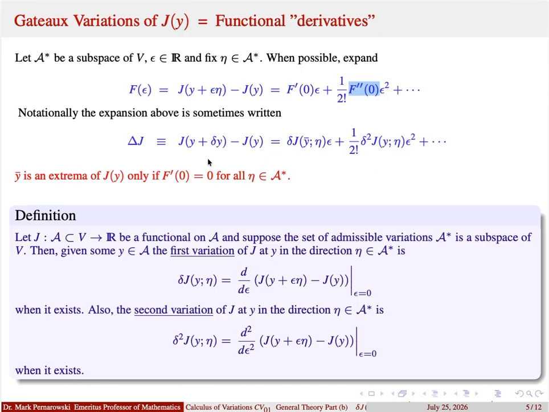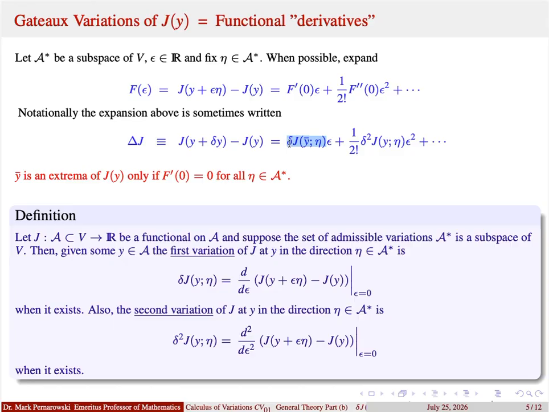Now, I look at this and I say, if y is an extrema, and I go a little distance away from y, say delta y, so this is the slight variation, and I compare the values of J, and this is the Taylor series expansion of that, then this first term has to vanish if it's a minimum. Why? Let's say it didn't vanish.